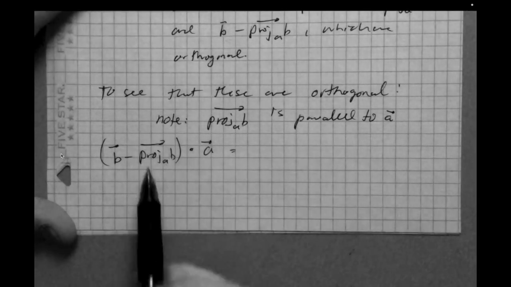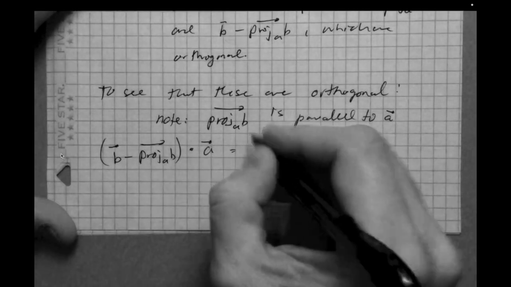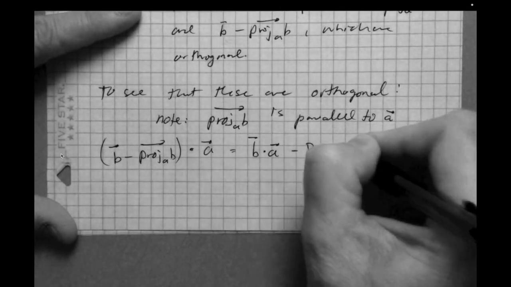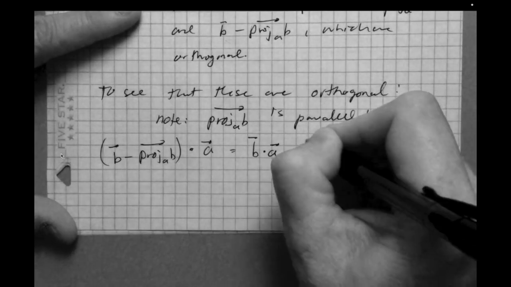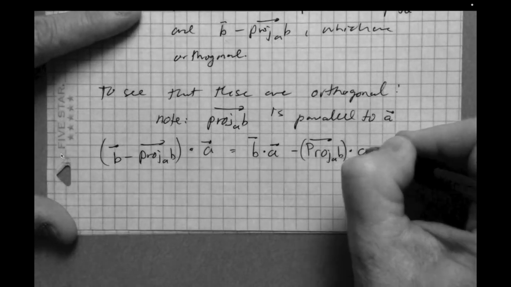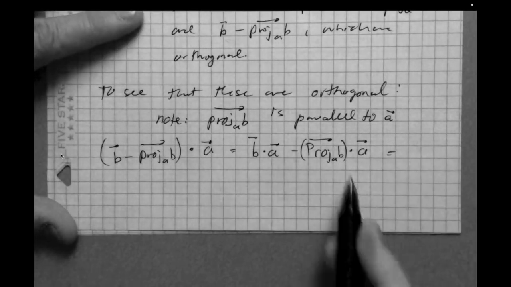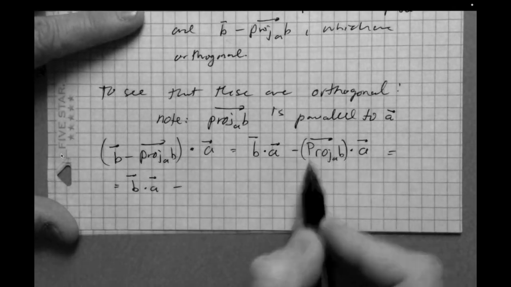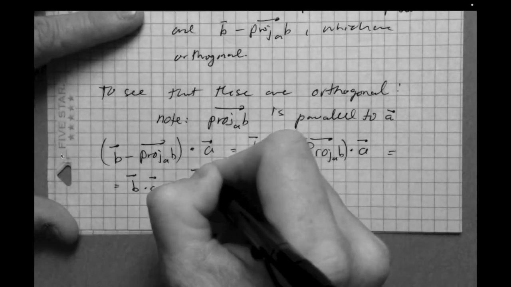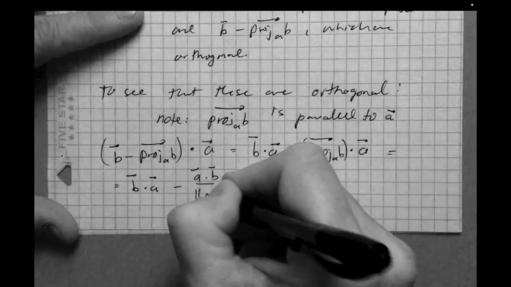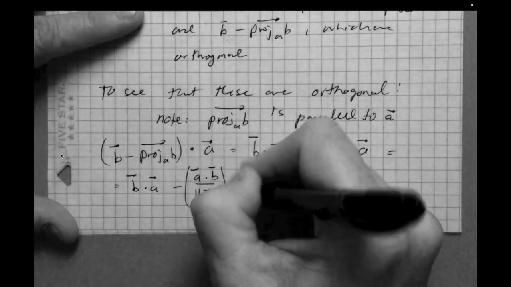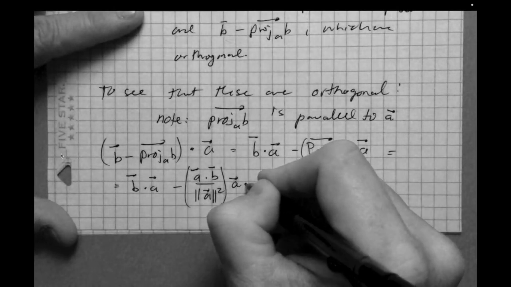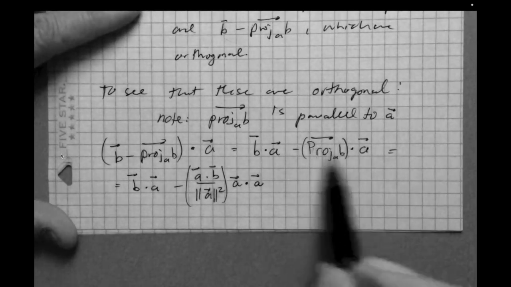We can use properties of the dot product here, and we know that this is B dot A minus the projection of B onto A dot, I think of that as a vector, dot A. Okay, and that's equal to B dot A minus, and let's plug in what this actually is, A dot B over the norm of A squared times A. That's this guy, and then dotted with A. This whole thing is just a scalar.